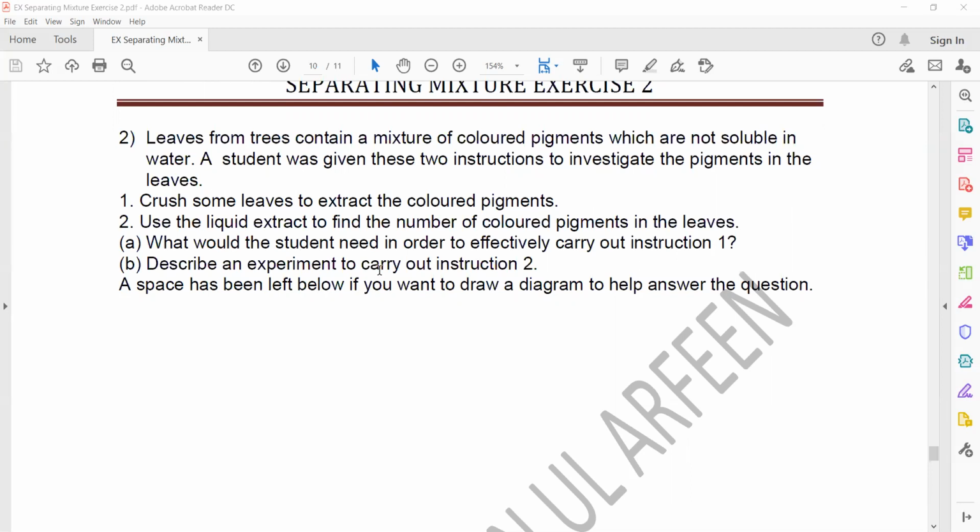You can draw. So basically, first we have to crush the leaves. How can we crush the leaves? We can use a mortar and pestle.